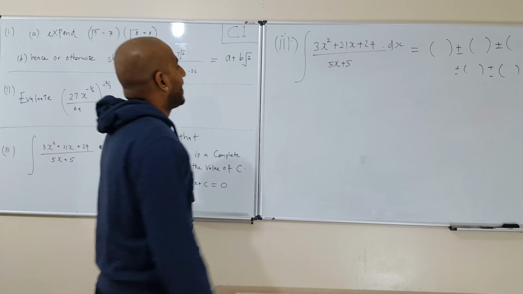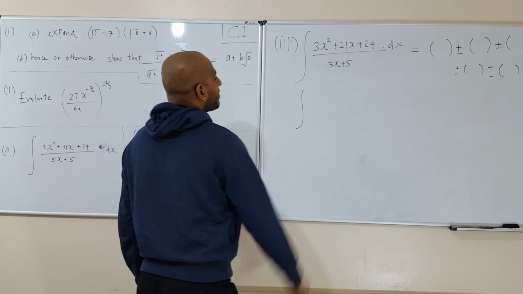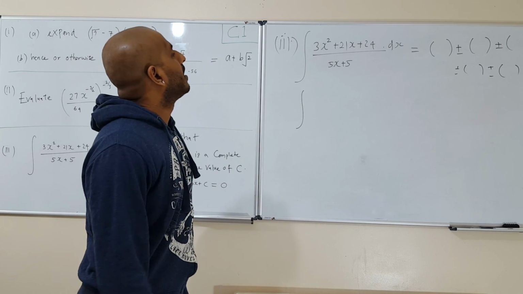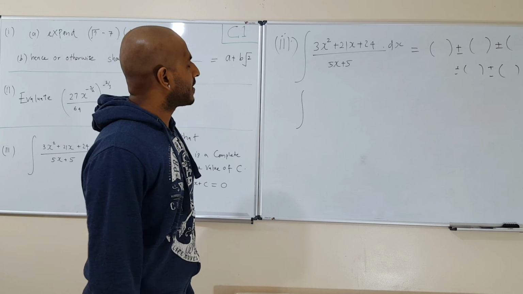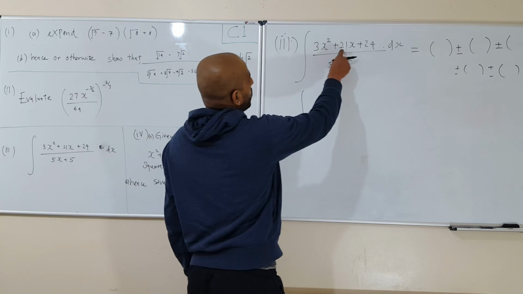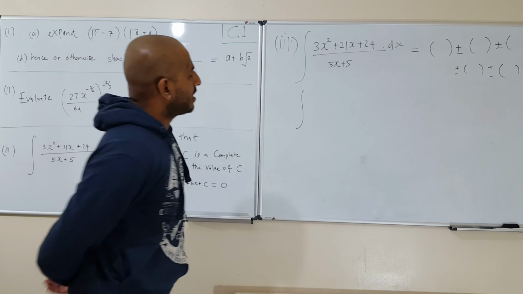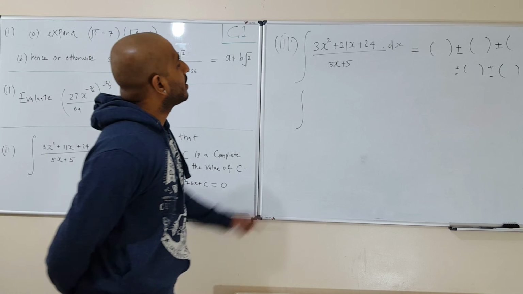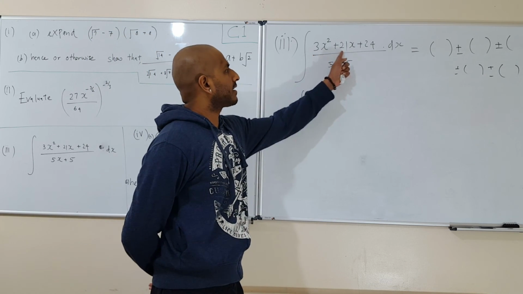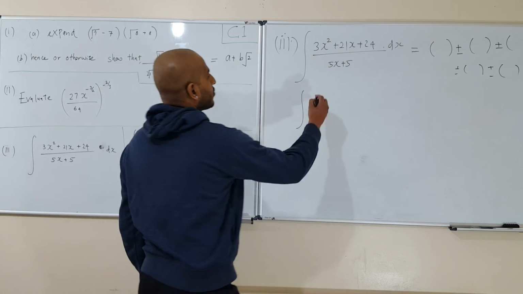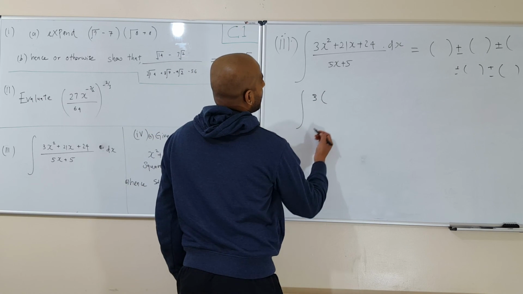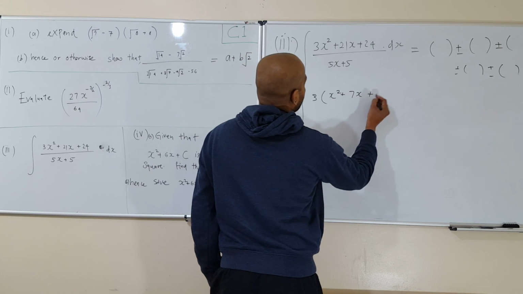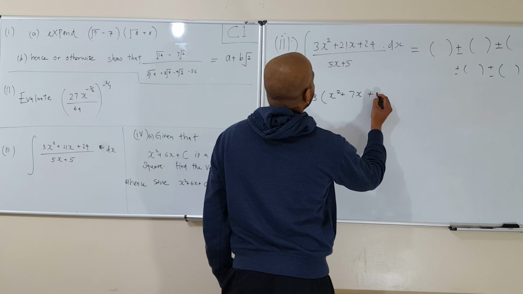Let's look at the top part of the expression. First, let's see whether there's a common factor. 3 seems to be a common factor. 3 goes everywhere. So I can take 3 outside. I'm going to get x squared plus 7x plus 8.